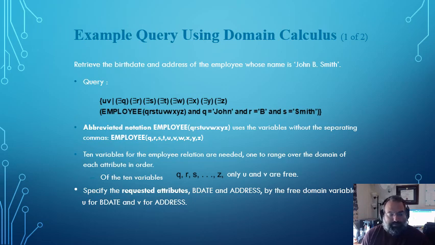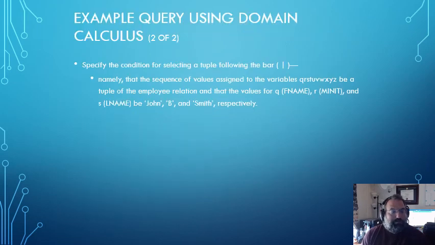Specify the requested attributes, birthday and address, by the free domain variables U for BDATE and V for ADDRESS. Specify the condition for selecting a tuple following the bar, namely that the sequence of values assigned to the variables be a tuple of the employee relation and that the values for Q, R, and S be John, B, and Smith, respectively.